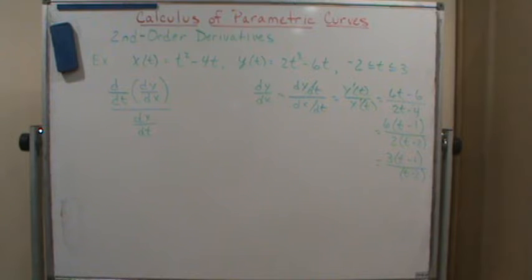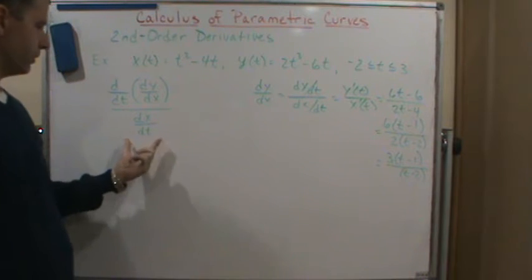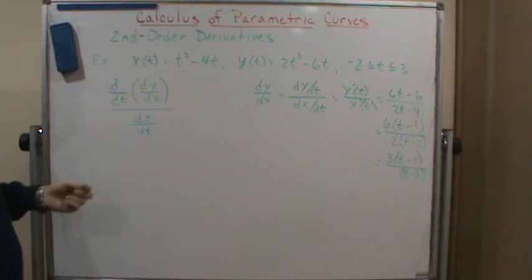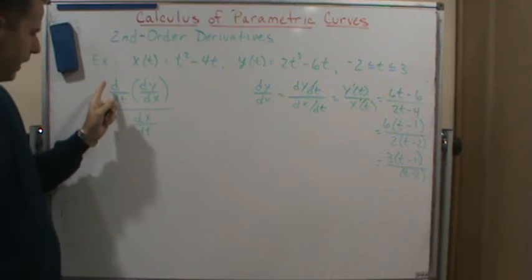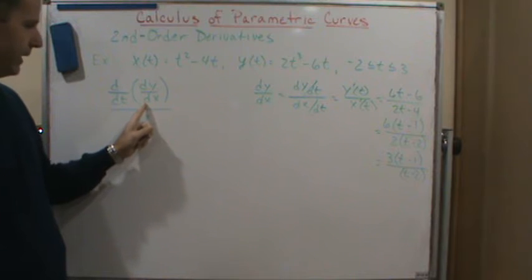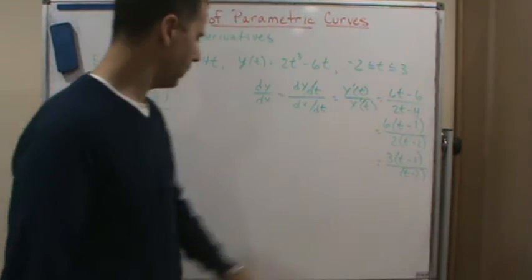Okay, now we're ready to find this. So now what we're actually doing is finding the second derivative, the derivative with respect to t of dy/dx, which is this, right?